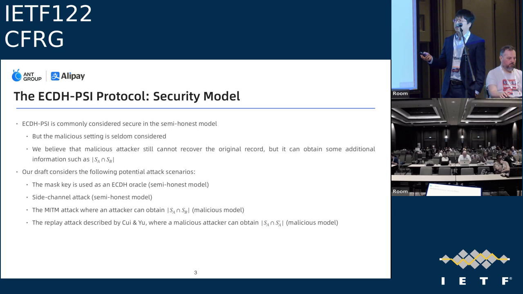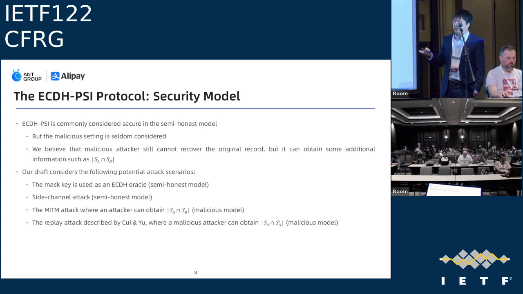So our draft considers the following potential attack scenarios. The first one is that the mask key, although it is refreshed in different sessions, can be used within the same session by an attacker as an ECDH oracle, as suggested by Chris in the semi-honest model. And we also consider side channel attacks, also in the semi-honest model.